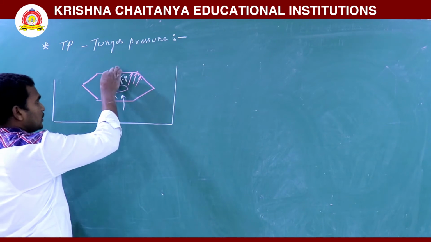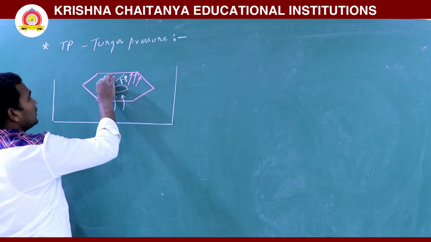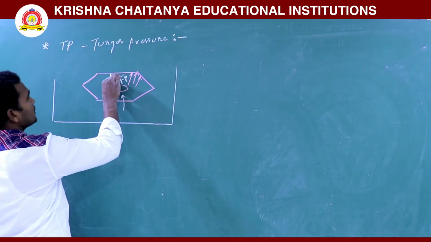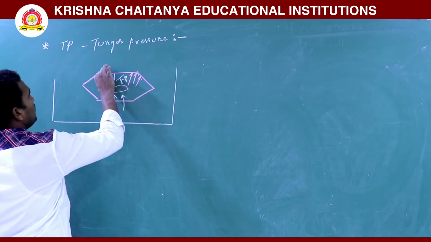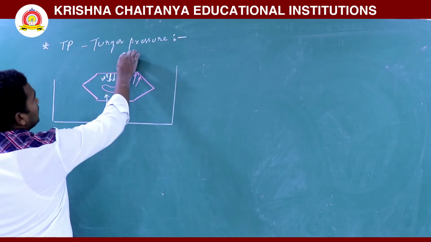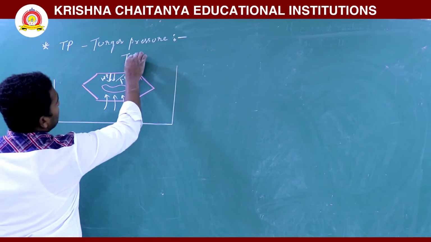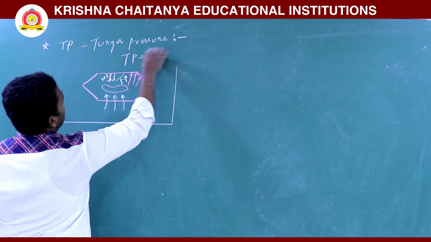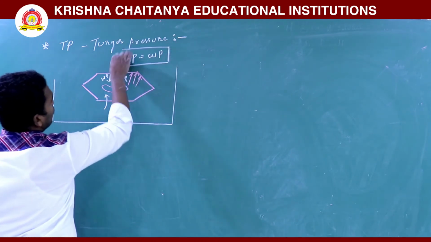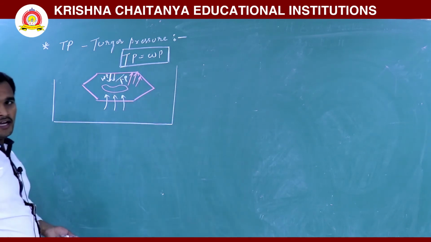In the opposite direction, the wall also creates some pressure on the protoplasm, and this pressure is called wall pressure. Here Turgor pressure is equal to wall pressure, okay.